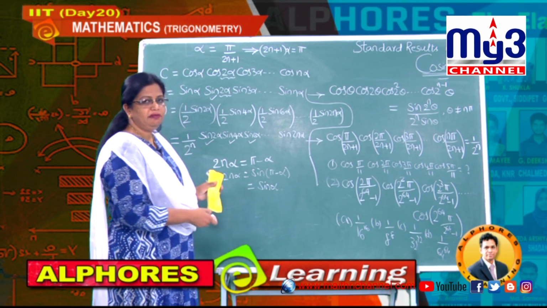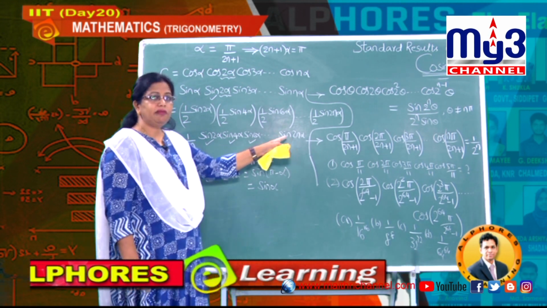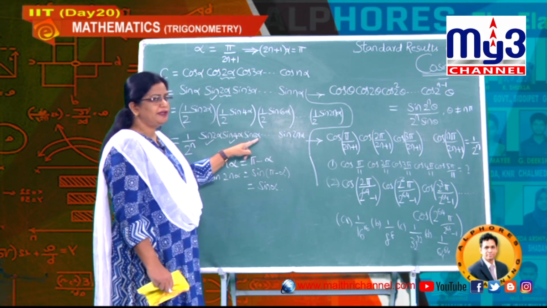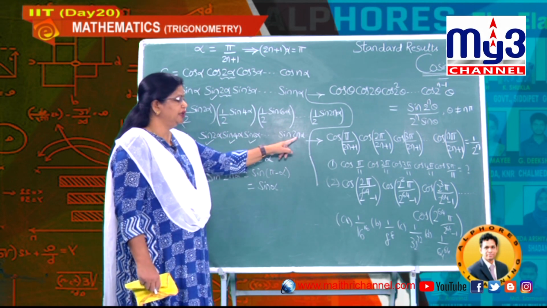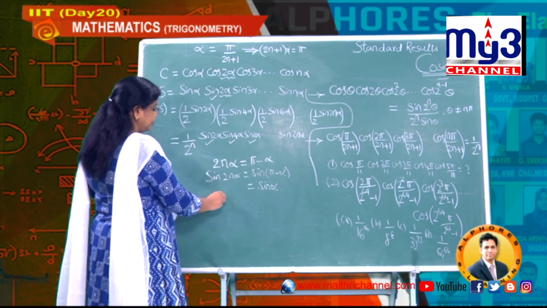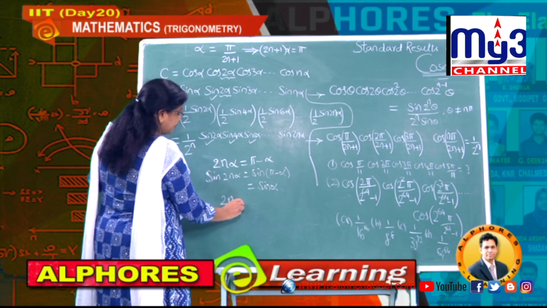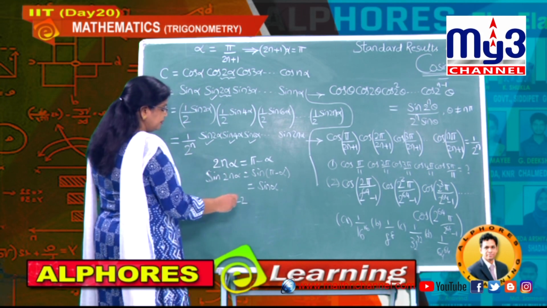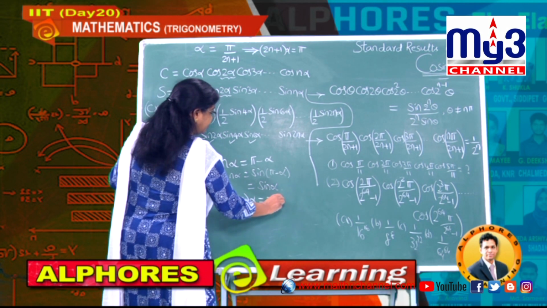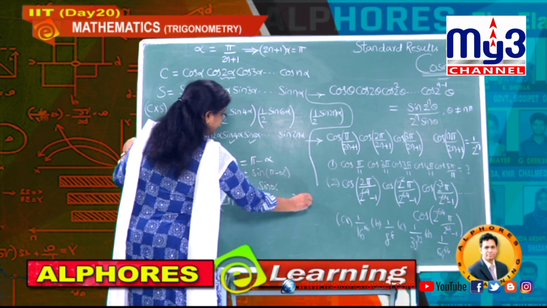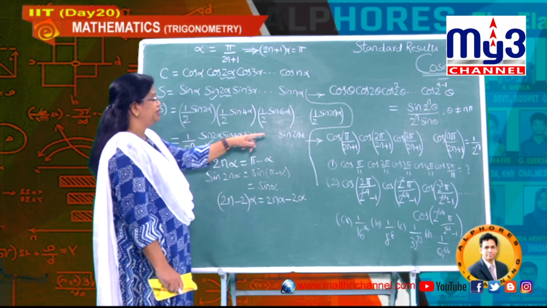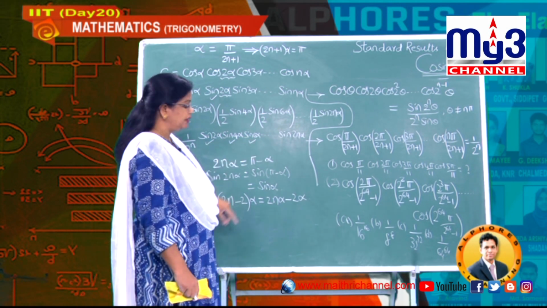And next let us observe the preceding value. What is the preceding value here? It is 2n minus 2, because observe here all are 2, 4, 6 etc. Therefore the preceding is 2n minus 2 alpha, and this value you have to get. This value, students, you can write as 2n alpha minus 2 alpha. That means this is 2 into n minus 1 alpha.